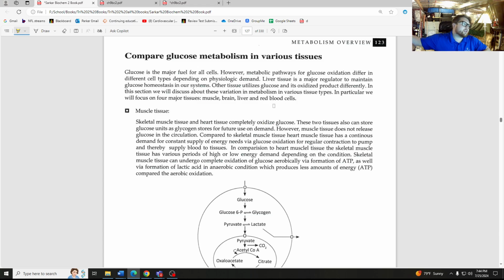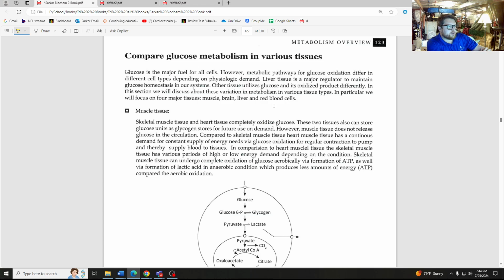Continuing, glucose metabolism in the different tissues. Glucose is the major fuel for all of our cells. However, the metabolic pathways for glucose oxidation differ in different cell types depending on physiologic demand, so depending on what's going on in that cell, what their demand is.